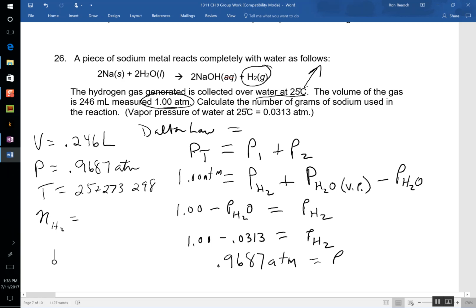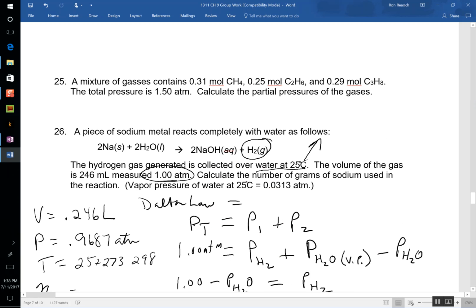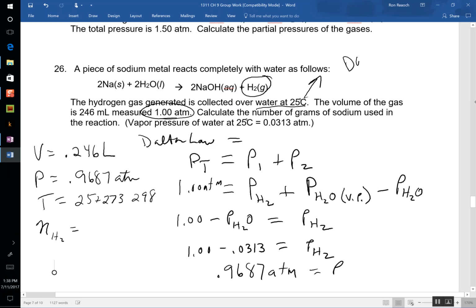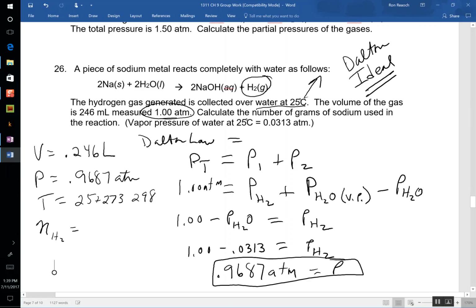So this uses Dalton's law and the ideal gas law at the same time, only to get this right pressure. That's problem 26.